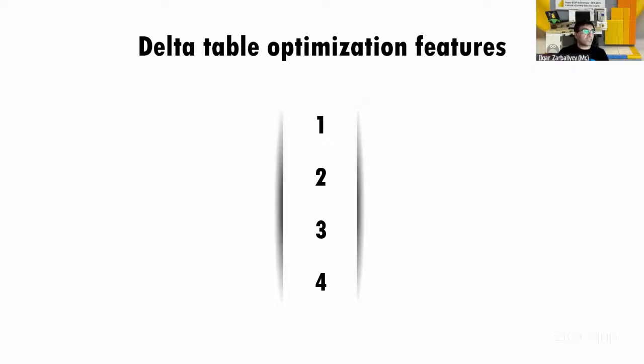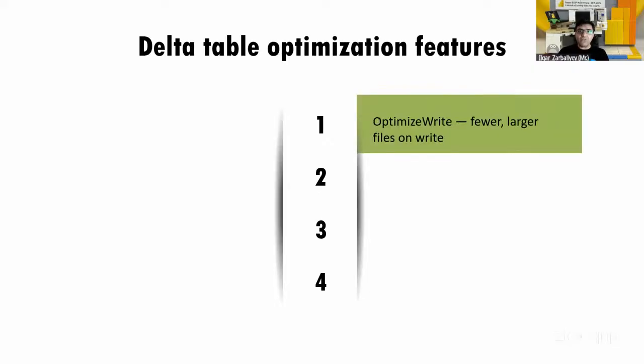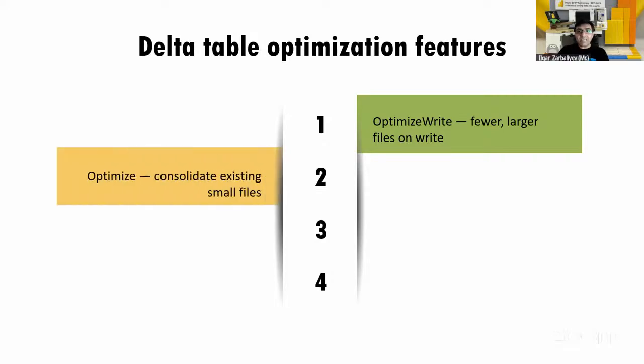Here are the four features we'll cover. The first is optimize write, which acts at the moment data is written, reducing the number of files created in the first place. The second is optimize, a table maintenance operation that consolidates small Parquet files that already exist into fewer larger ones.